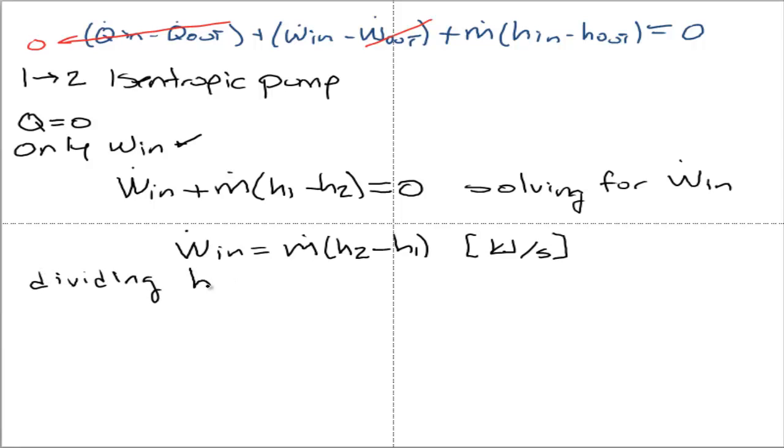If we divide this by mass, we get the specific work of the pump, which is just the enthalpy difference, and the units will be kilojoules per kilogram.